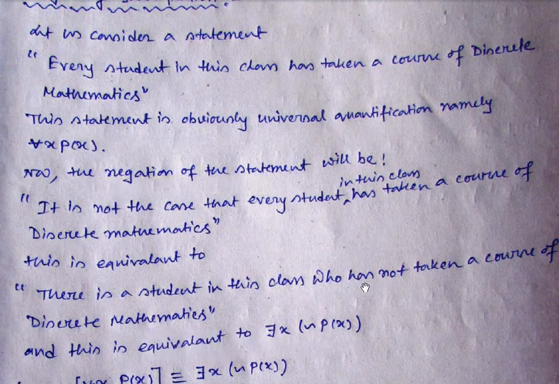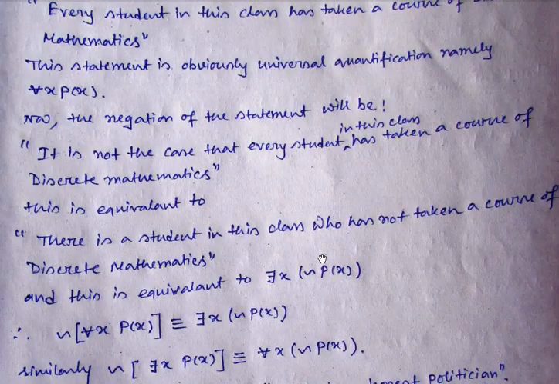But if you are not taking a course of discrete mathematics, that means there exists x, complement of px, not taking the course of discrete mathematics. You are saying here there exists a student, or at least one student, so there exists x, complement of px. So actually if we want to make the complement of for all x px, we get this statement.